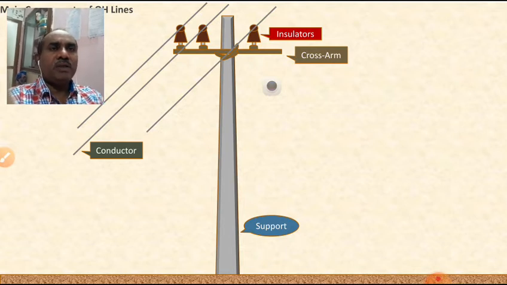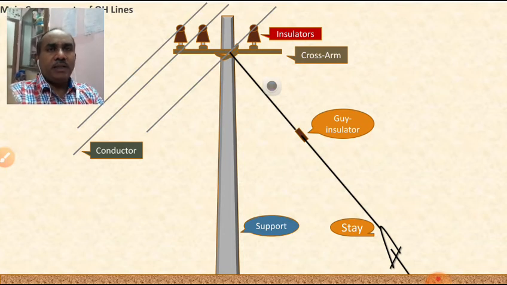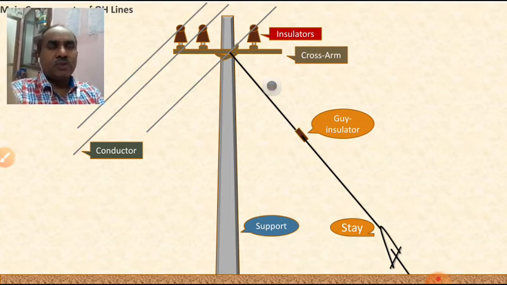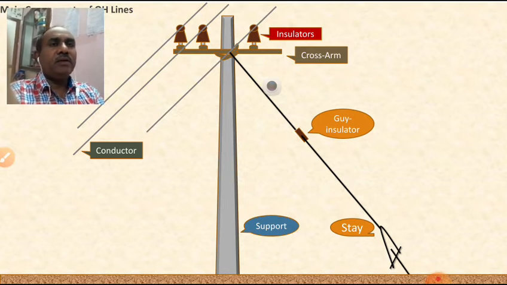Now these are the basic components. At the end of poles, at the starting, at the end, at the corner, where we require a stay wire, mechanical support to our poles.